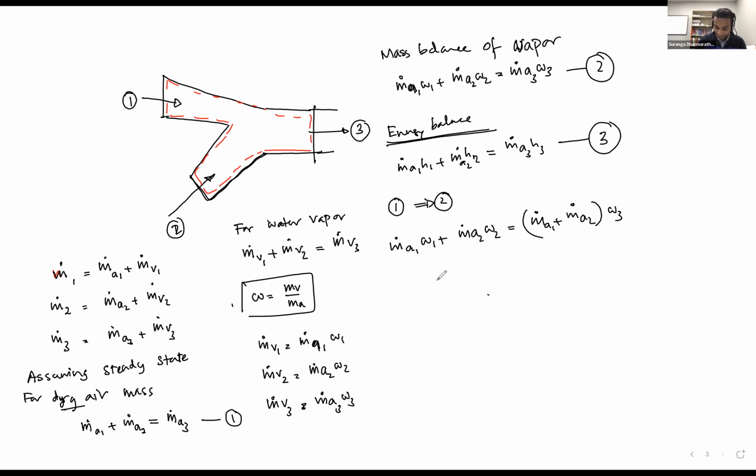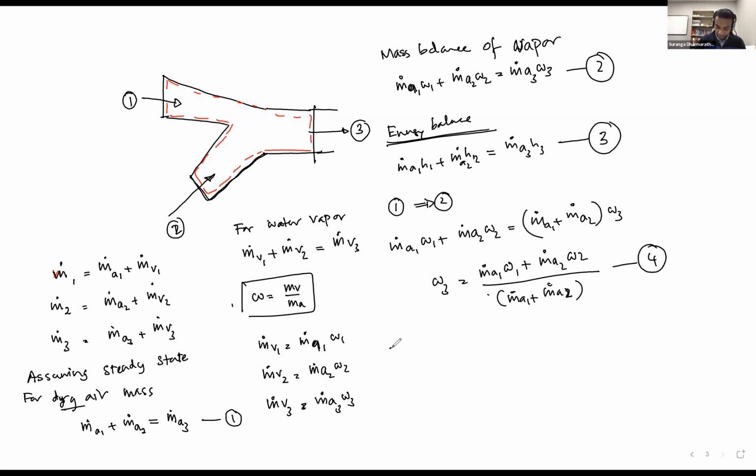So omega 3 is equal to m dot a1 omega 1 plus m dot a2 omega 2 divided by m dot a1 plus m dot a2. This is my fourth equation.